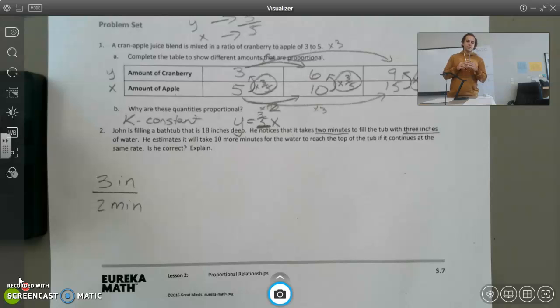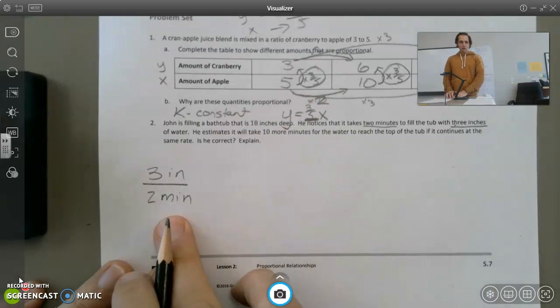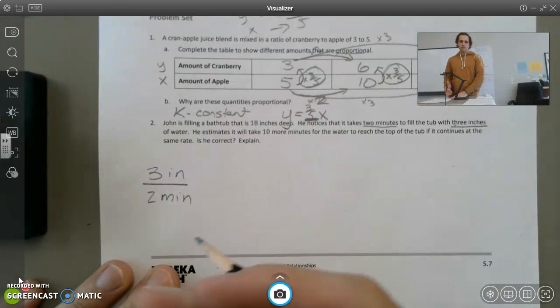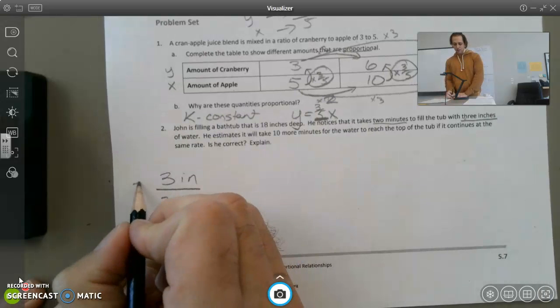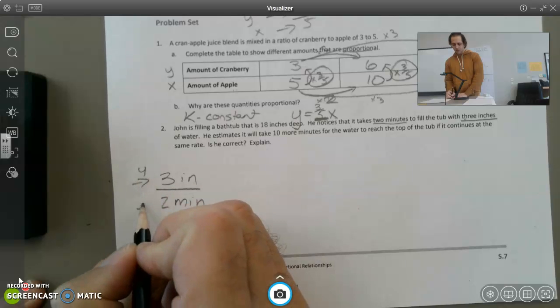Most of the time, whenever we're talking about any type of rate or any relationship between distance and time, it's usually how much happens per allotted amount of time. So per minute, per second, per hour, minutes, seconds, hours are usually going to be in our denominator. And like I said above, that makes this Y, that makes this X.